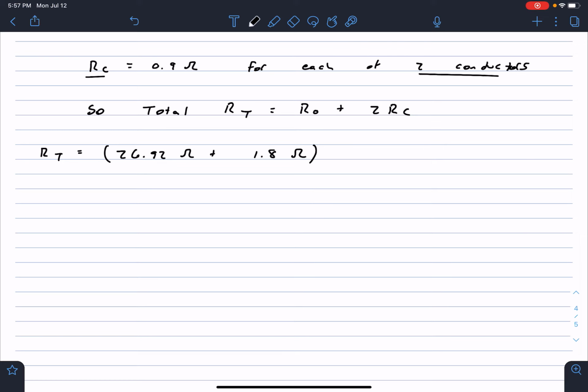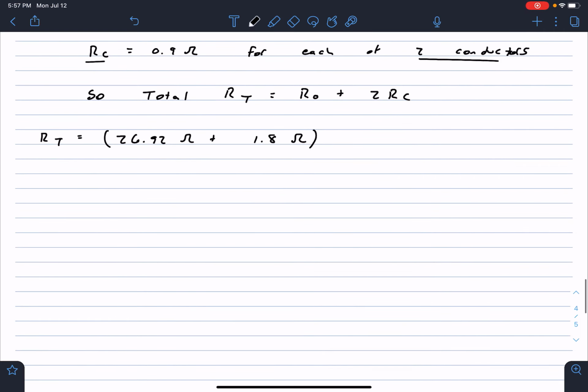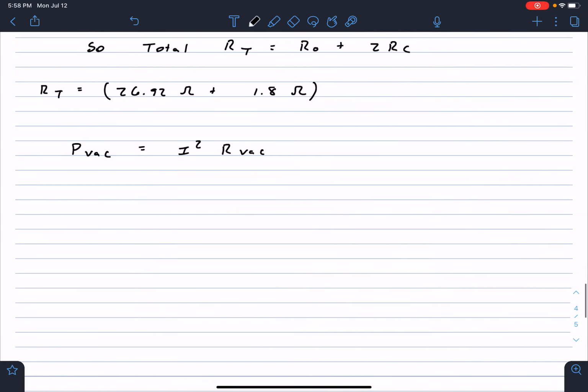Next then, we want to plug this into our formula. So what did we have? We wanted total power delivered to the vacuum at the end of all of this. So P vacuum is equal to I squared times resistance of the vacuum, where I squared is the total current squared. So that's going to give us delta V squared over R_T squared times R of the vacuum.